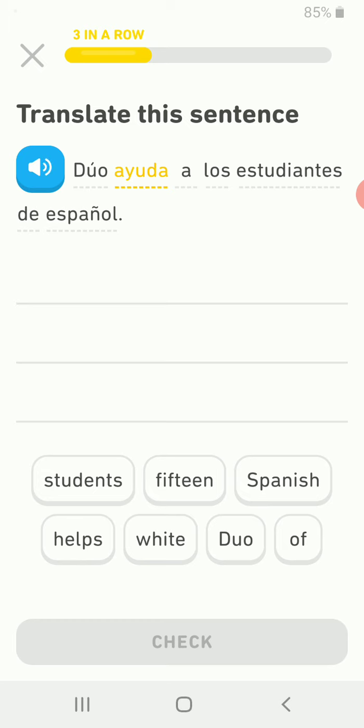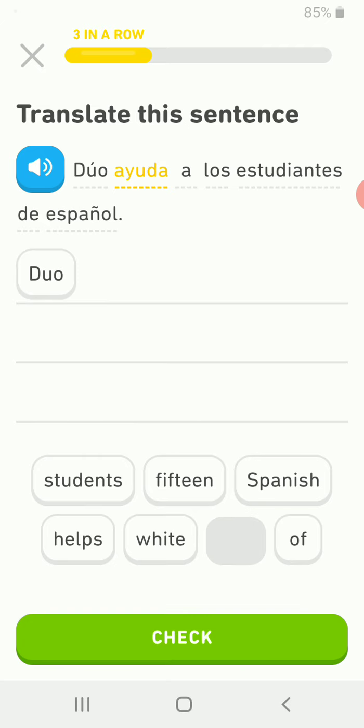Dúo ayuda a los estudiantes de español. Ayudar, to help. So dúo helps. Ayuda a. So this is also this preposition.